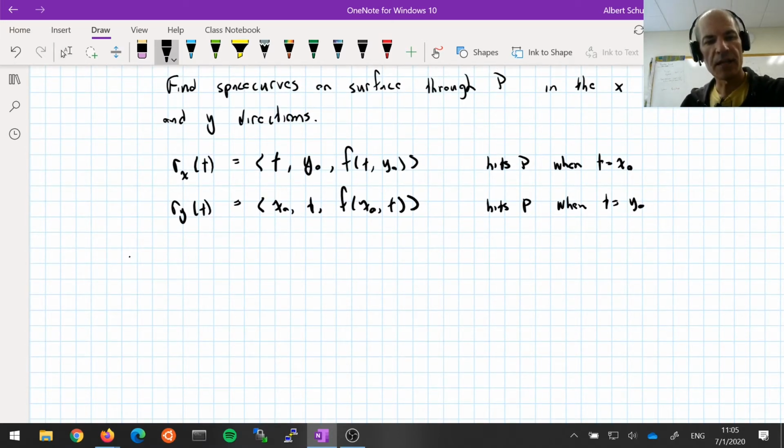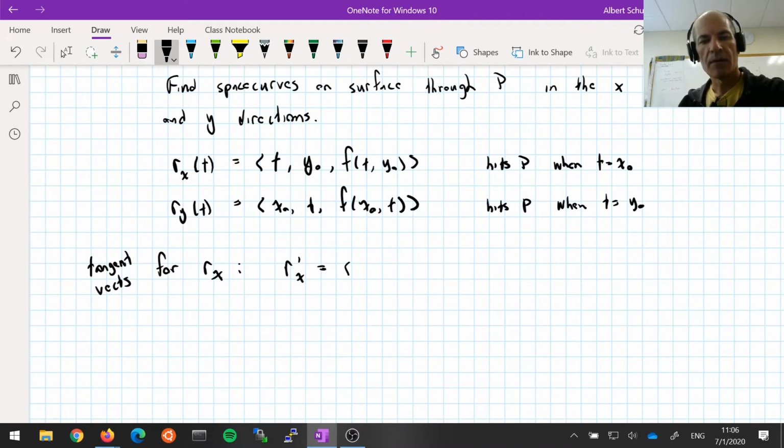So let's find the tangent vector for r sub x. I don't want to call this capital T because that's the unit tangent vector, so let's just call it the tangent vector for r sub x. We do that by computing r prime, which is just the derivative with respect to t, the parameter.